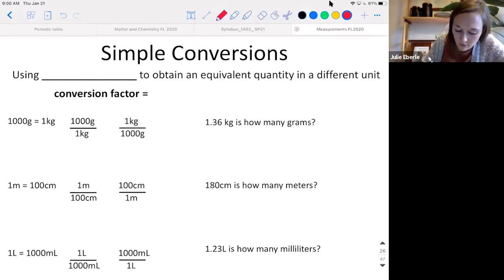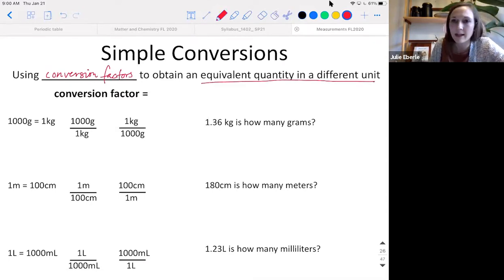So we're going to use conversion factors to obtain an equivalent quantity in a different unit. So what is a conversion factor? It's just a physical quantity that relates 2 units.